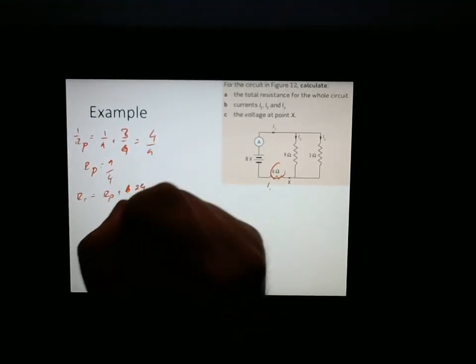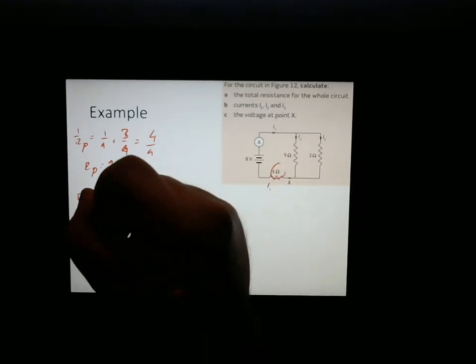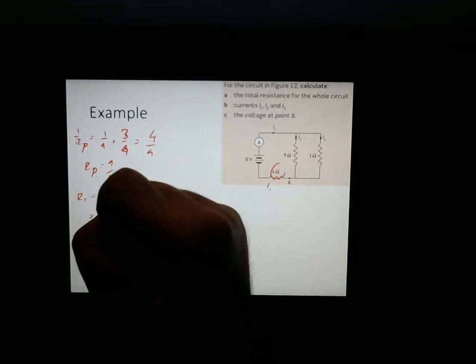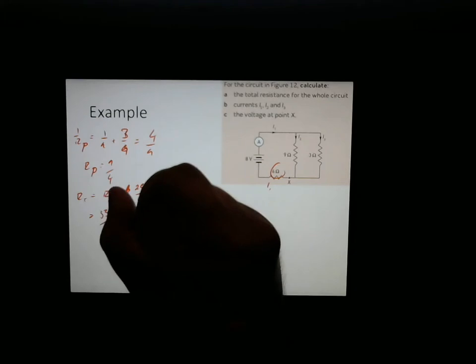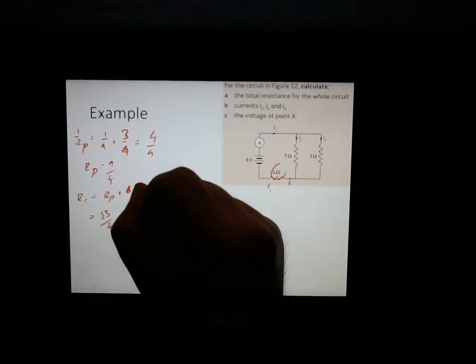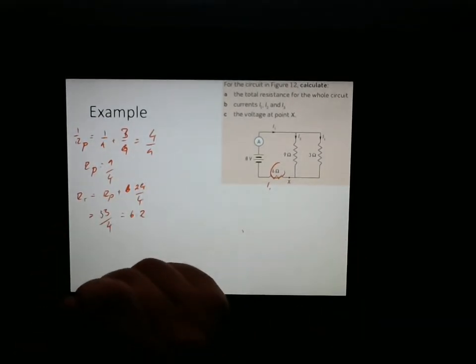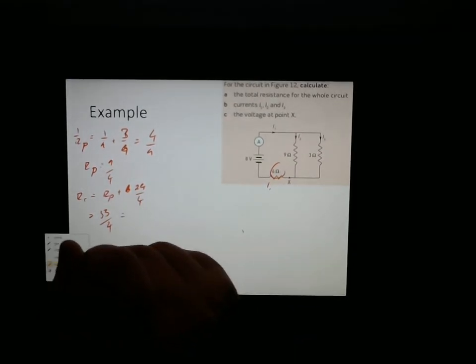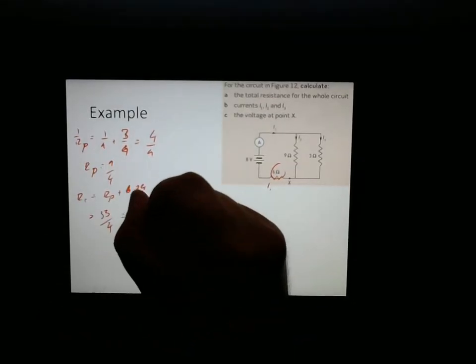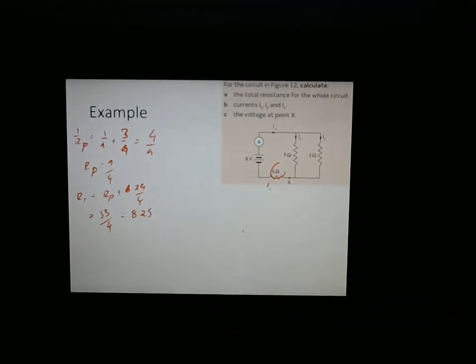So 9 over 4 plus 24 over 4 would equal 33 over 4. Okay. 9 over 4, what's 9 over 4 equal to? 9 divided by 4. I mean, 9 over 4 is just 2.25. So we could rewrite this as 8.25. At least it's a whole decimal.